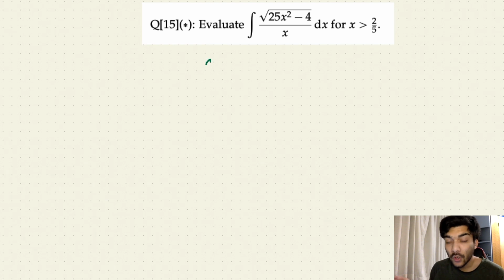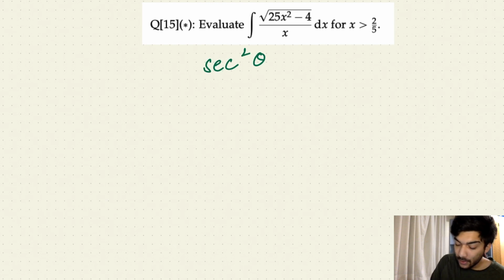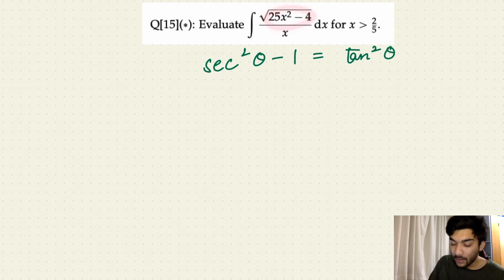And we already know that secant square theta minus 1 is tan square theta. So 4 secant square theta minus 4 would be 4 tan square theta in this case, right? So let's do that substitution and see if we can simplify our integral or not.